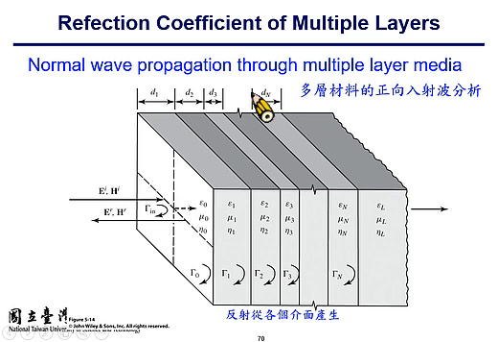Here are a few examples of higher order design. One is using multi-layer median, or by analogy with transmission line design, to achieve very broadband matching. What can you do?